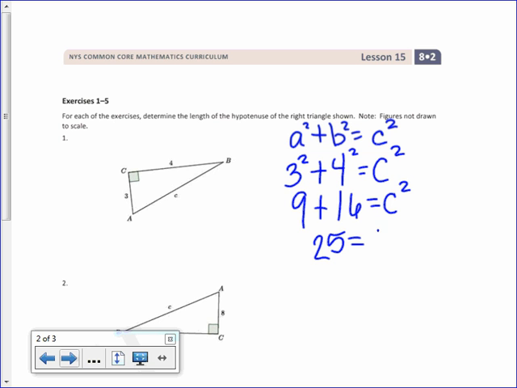So 25 equals C squared. So is there a number that I can multiply by itself to get 25? Or you could take the square root of 25. We would find that 5 equals C. So C equals 5 units.